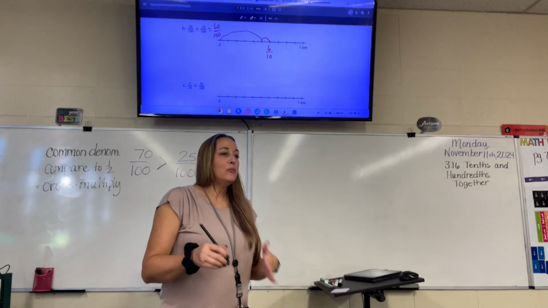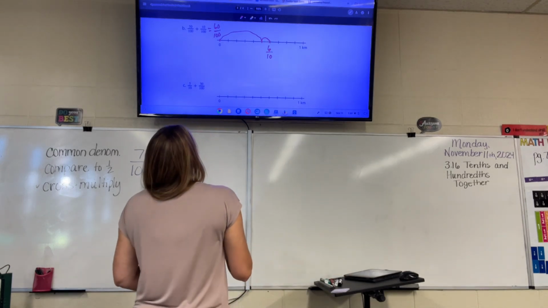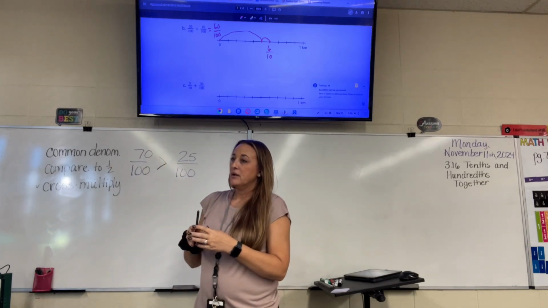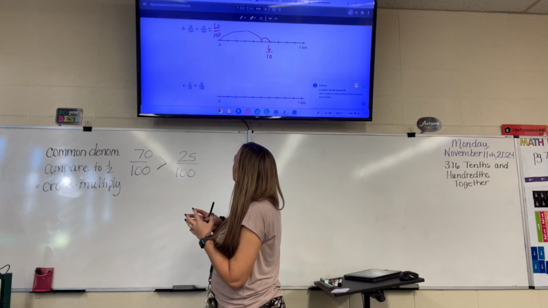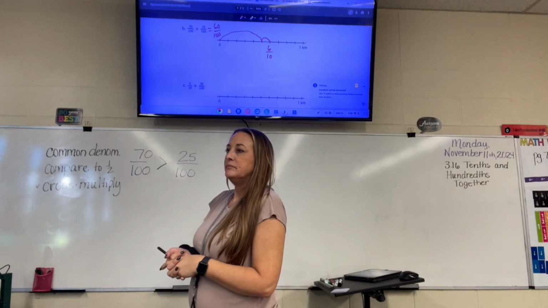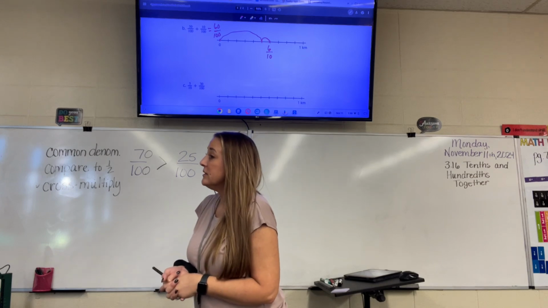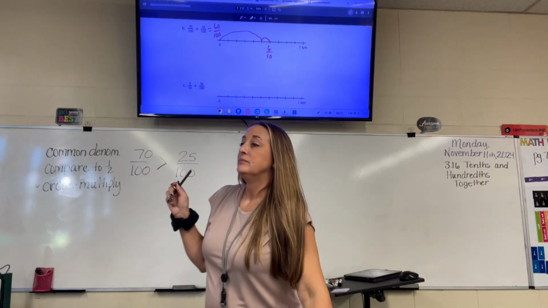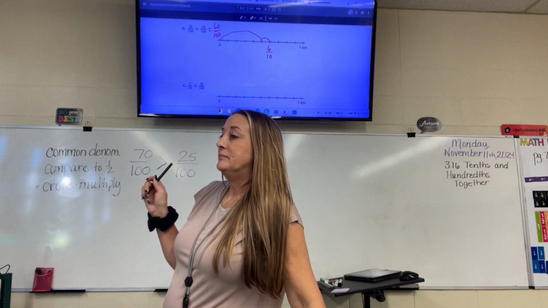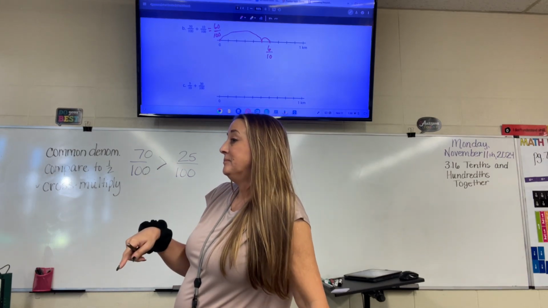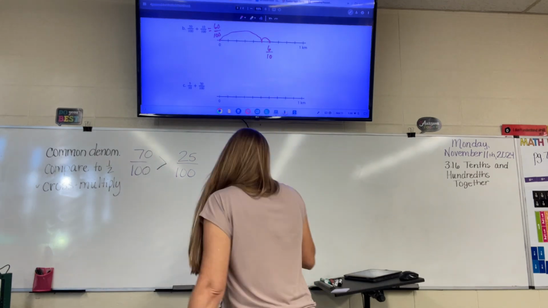We have to do some work on this one because we have two different denominators. So, Macy, what should I do so that I can have the same denominator? You add a 0. And where do I add a 0? To the 10. And if I do it to the bottom? Do it to the top. Okay. All right, Macy.